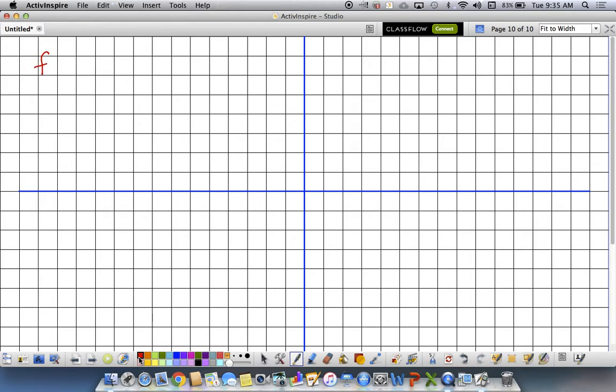Okay? Our original equation was f of x equals 2x minus 5. I'm going to graph that in red. Our inverse function was x plus 5 over 2. Okay, I'm going to graph that one in green.